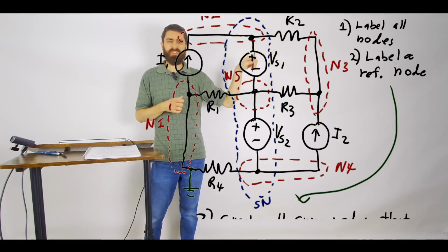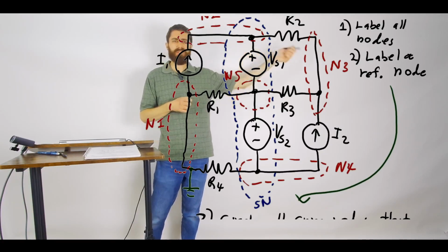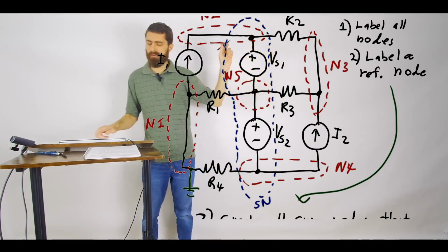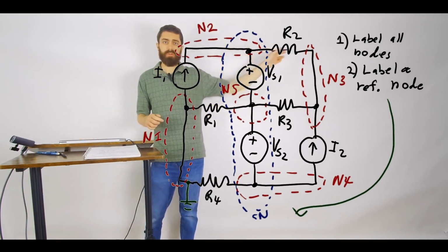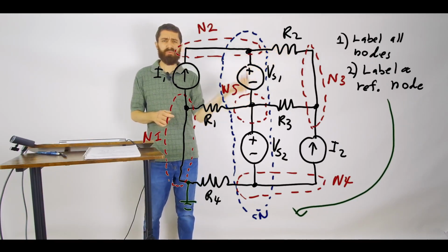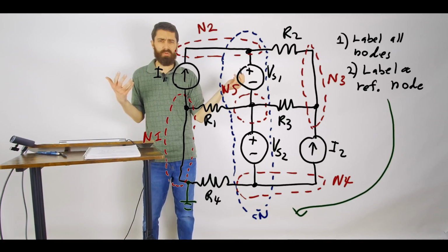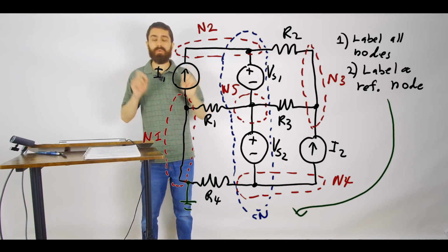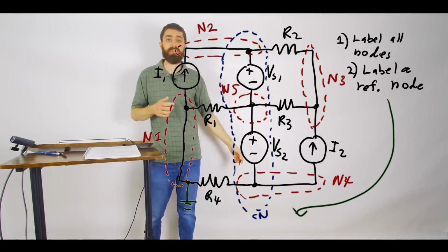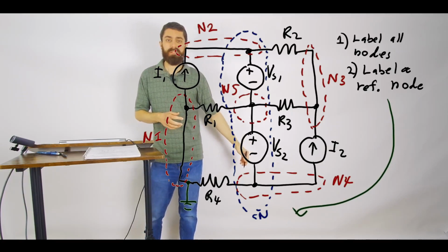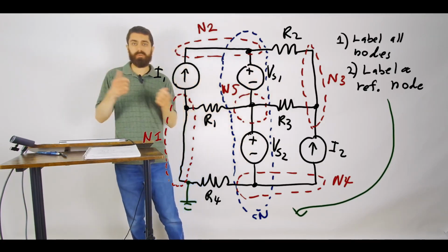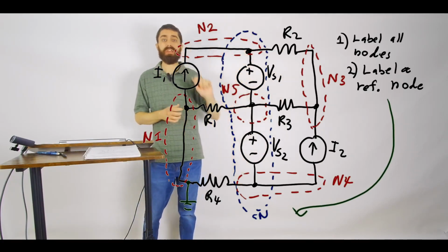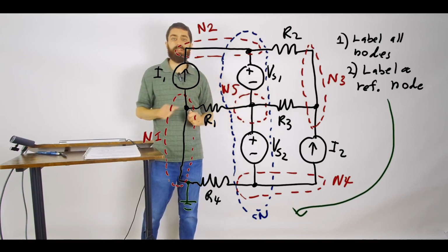But then what's the current going through this voltage source? We know how to express it with a resistor: that would just be V3 minus V2 over R2, the current through this resistor. But how do we express current going through a voltage source? That's the conundrum we run into. So that's why we introduce the supernode, where we group up our voltage sources so that we can just apply KCL to the whole thing and we don't have to worry about what's inside.